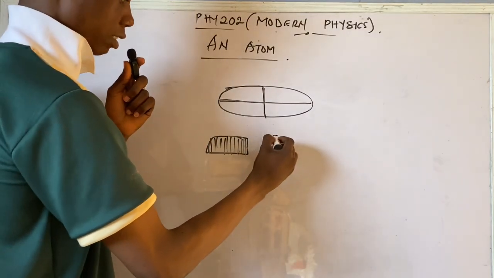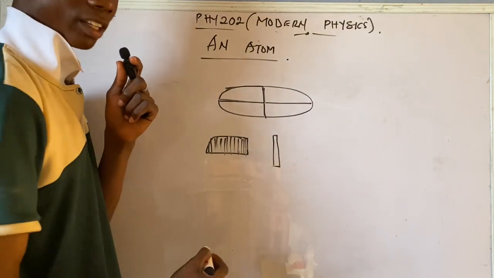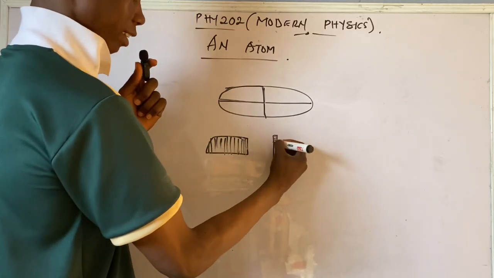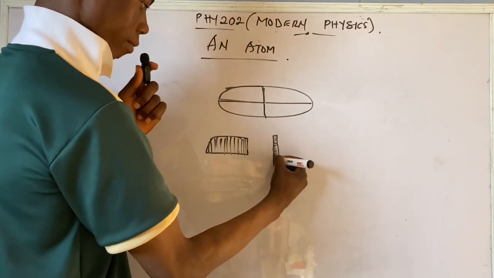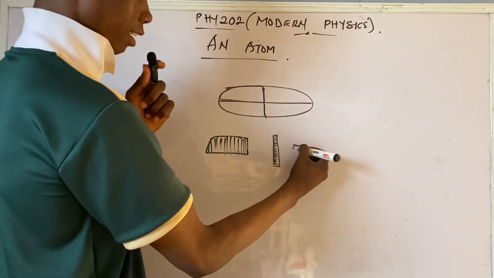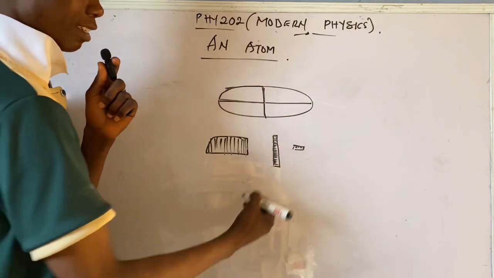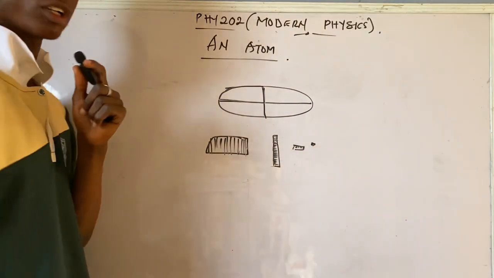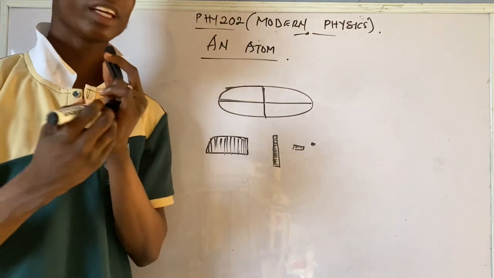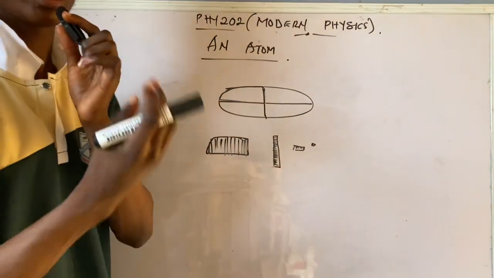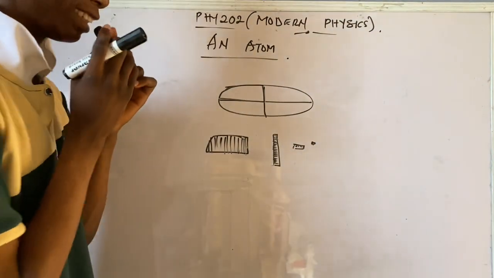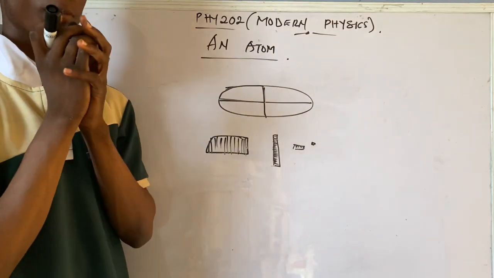Now take one of the slices and cut it into 100 smaller slices again. Keep cutting until it is uncuttable. The last uncuttable piece is what we call an atom, and that is seldom seen with the normal eye.